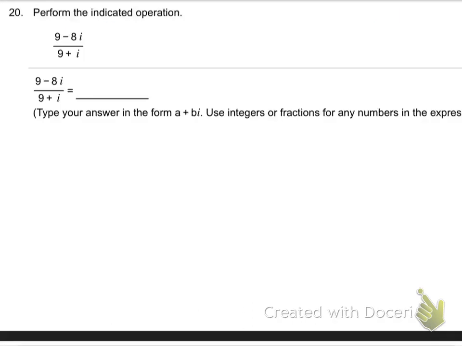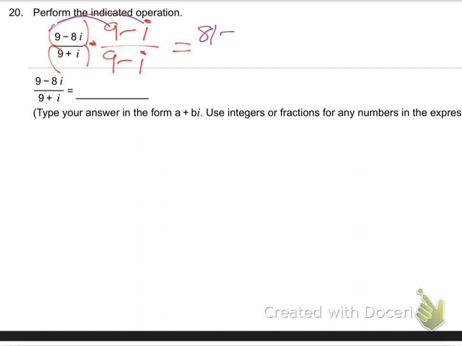All right, number 20. We're going to have to multiply. We have an i glued to a number that's like a root. Remember, an i is like a root. So when you have a root and a plus or minus sign glued together, you've got to use the conjugate, which means the exact denominator, opposite sign in the middle. So there we go. Boom and boom. Let's carry it out. So this 9 will go to both.